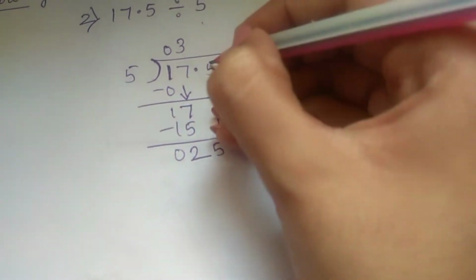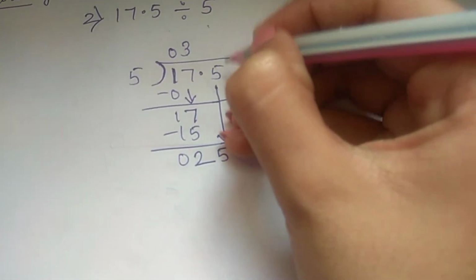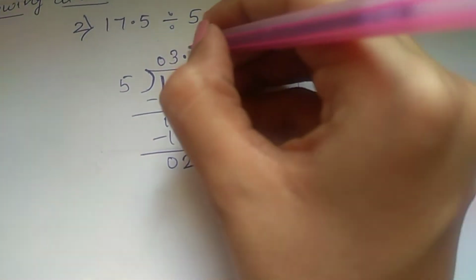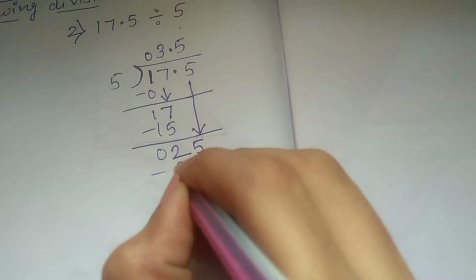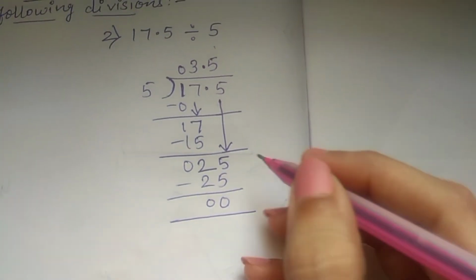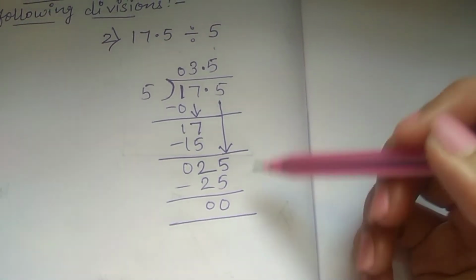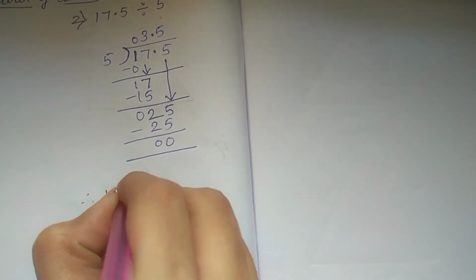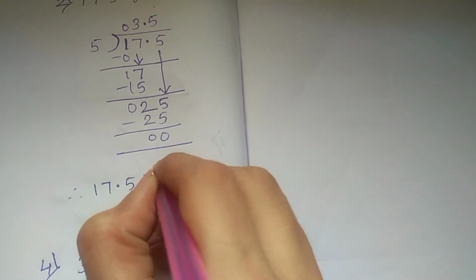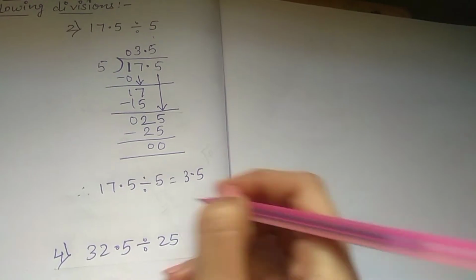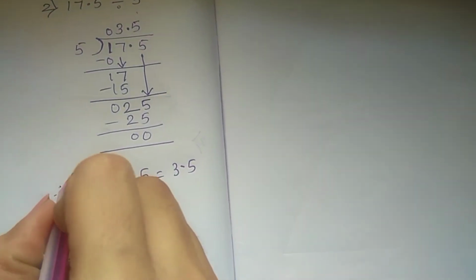The moment we bring 5 down, since it is after the decimal, we have to put a decimal in the quotient. So 5 5s are 25. And the remainder is 0. There's no number to bring down, so we will stop over here. Therefore, the final answer is 17.5 divided by 5 equals 3.5. Put a box around this with a pencil.